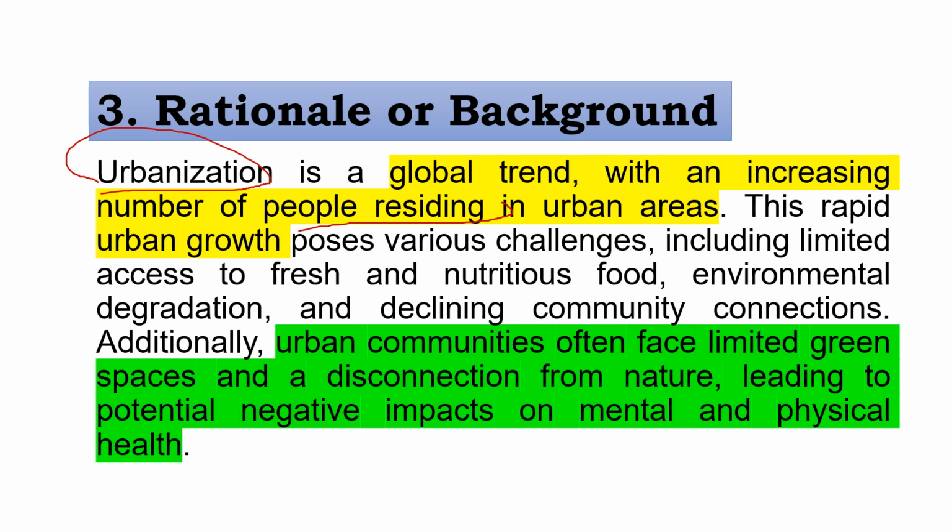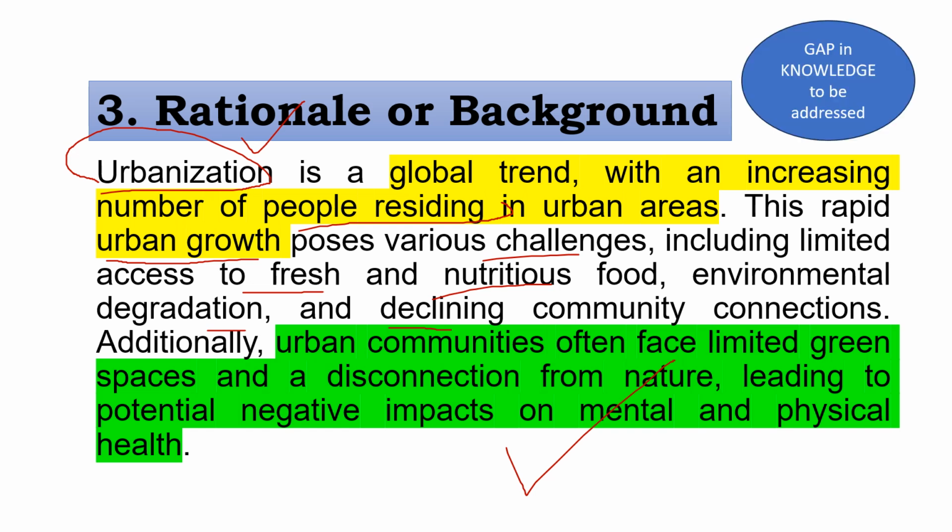But it's named through a concept, and that is urbanization. Then you have to talk about the problem, and that is urban growth. There are some challenges that include limited access to fresh and nutritious food, environmental degradation, declining community, and so on. Additionally, you have given other reasons why urbanization is a problem. That's the rationale.